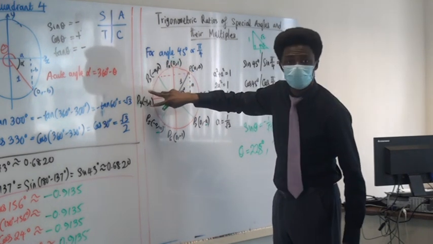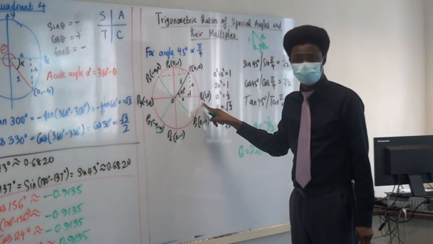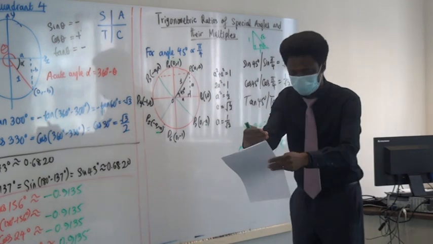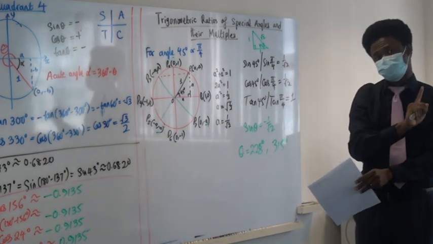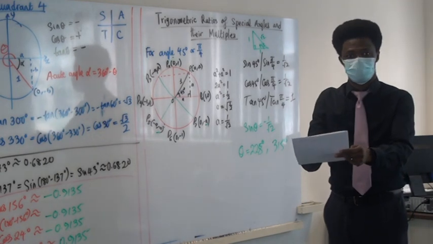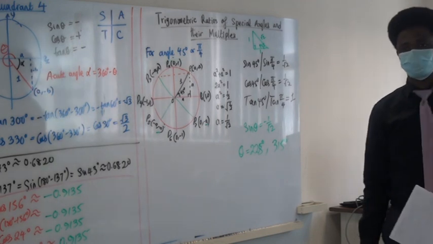This is 4 pi over 4, and so on, back to 8 pi over 4, which is 2 pi. Do you agree? So use this to answer those questions. And when you are going negative, it means you go backward. So without the use of calculator, can you just count like this and write the answer? Don't use calculator, please.